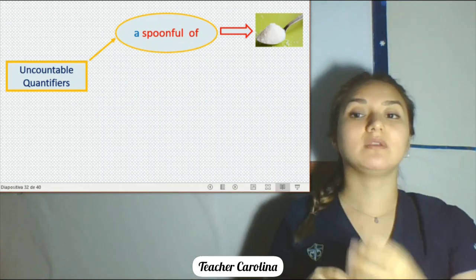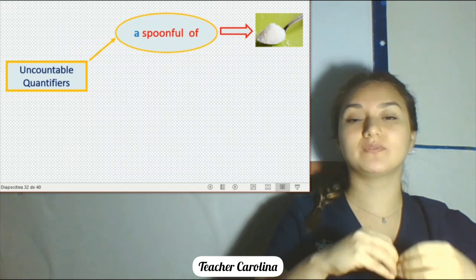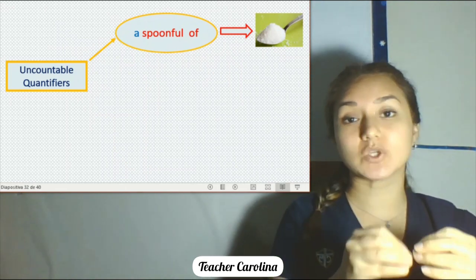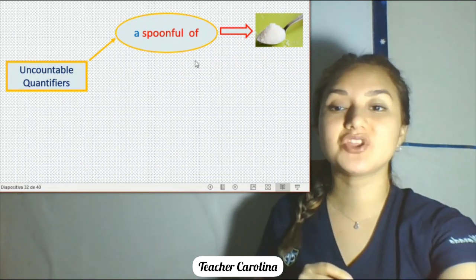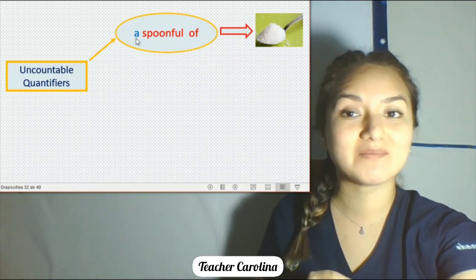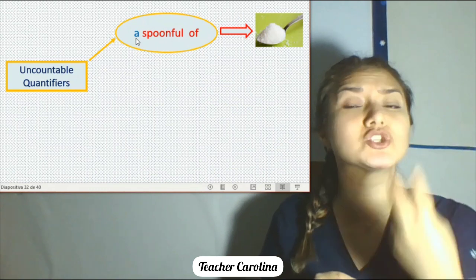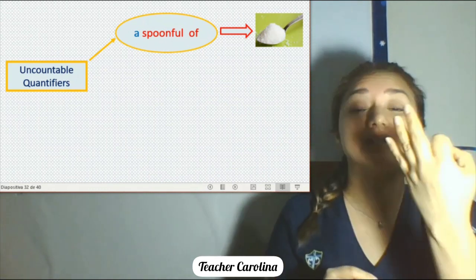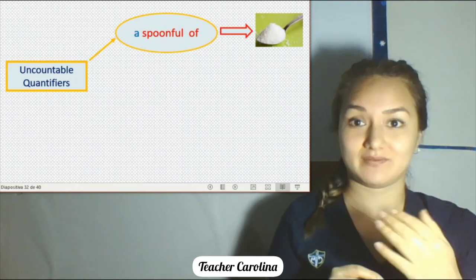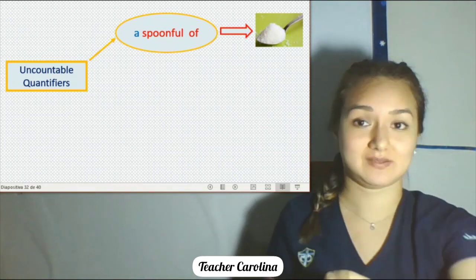Right? For your tea. A spoonful of sugar. Right? A spoonful of sugar. But in here you can change this. Esto puede cambiar. You can say 2 spoonfuls of. You can say 3, 4, 5. Eso sí puede cambiar, right?